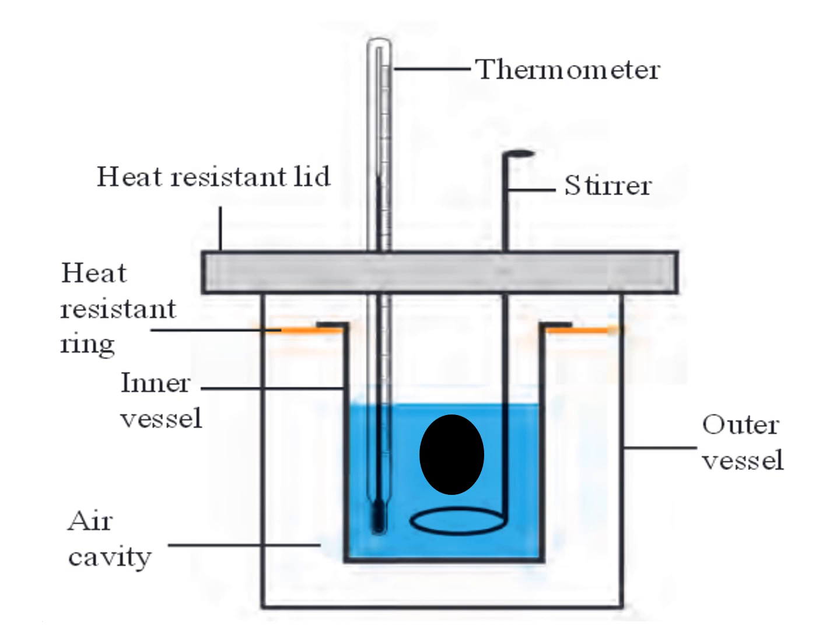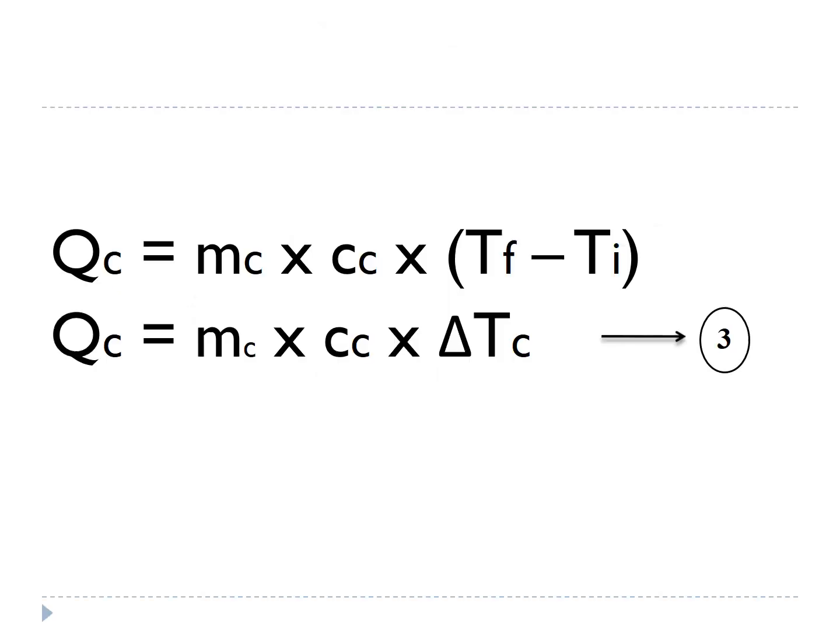And now we will look at the heat of the calorimeter. Simple this is. Here instead of writing w, we have written c. So it's going to be Qc is equal to Mc into Cc into (Tf minus Ti). Here also we have final temperature minus initial temperature, because initially the temperature is low.